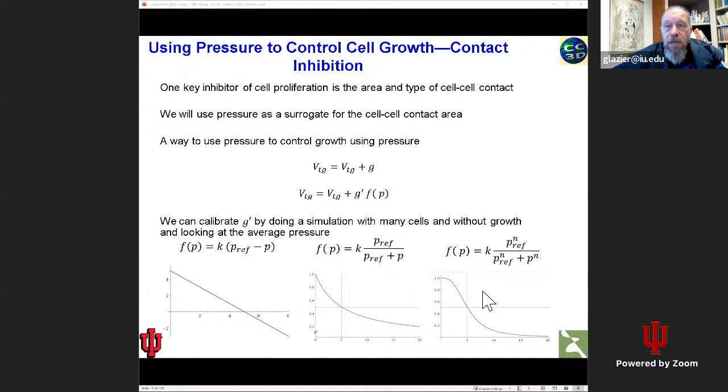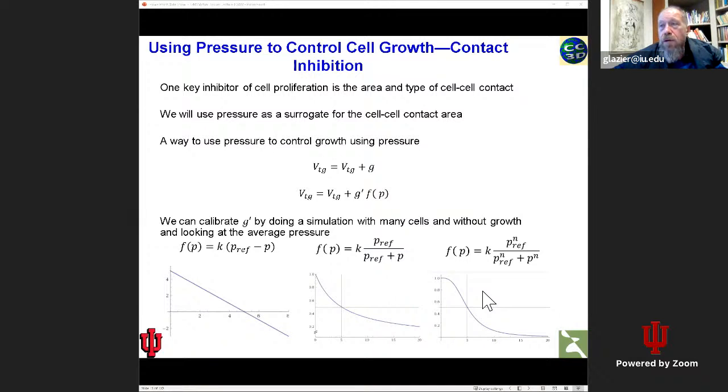In the first case, if the pressure on the cell is 0, whatever that means, the cell grows at a rate of 4.5 or 5, whatever it is. When the pressure gets to 5 on the x-axis, the growth rate is 0. And in principle, if the pressure gets higher, the cell actually shrinks rather than grows, although you might want to truncate that.